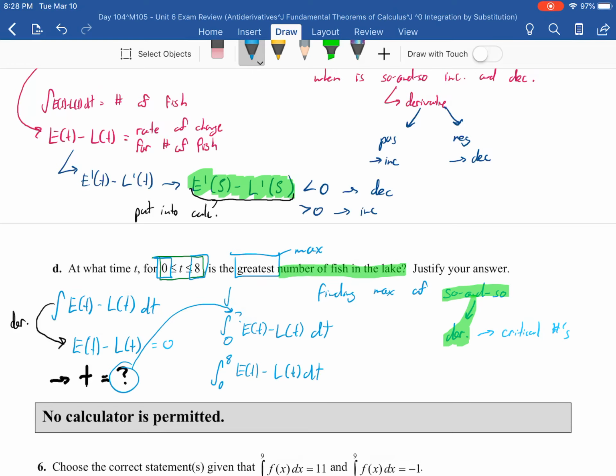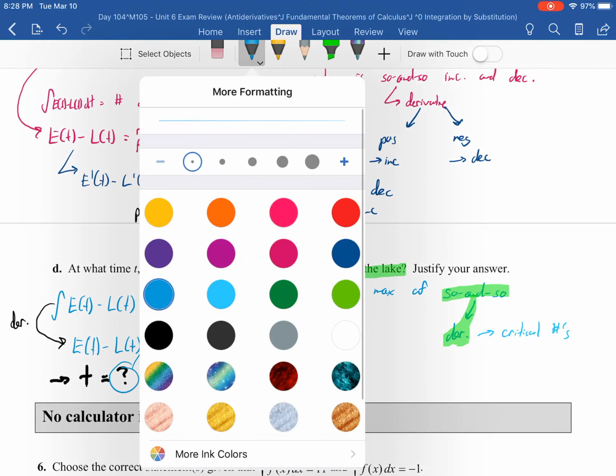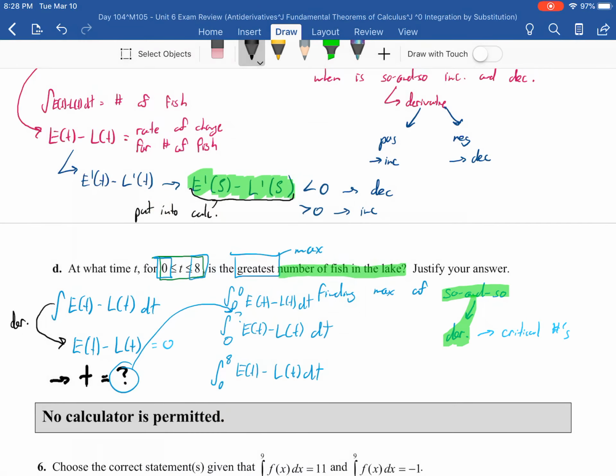And then the integral from 0 to 0, even though that's kind of redundant, of e of t minus L of t, because if you take the integral and your interval starts and stops at the same value, it's equal to 0. So that first one, hopefully obvious, just equals 0.